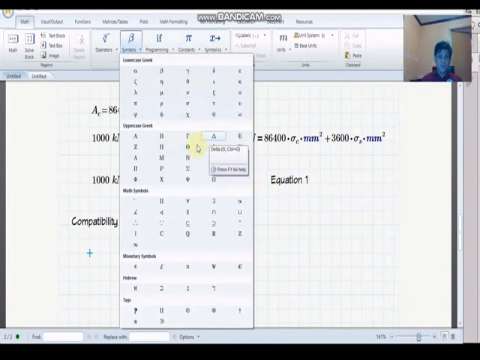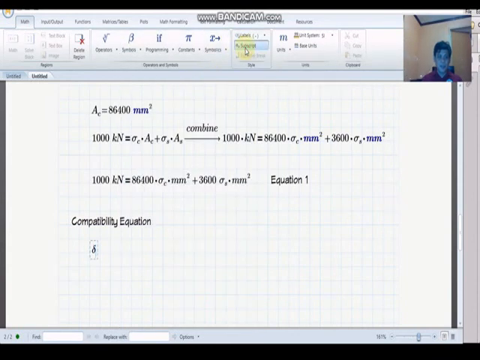So we can say now that, let's say this is the deformation of the concrete.